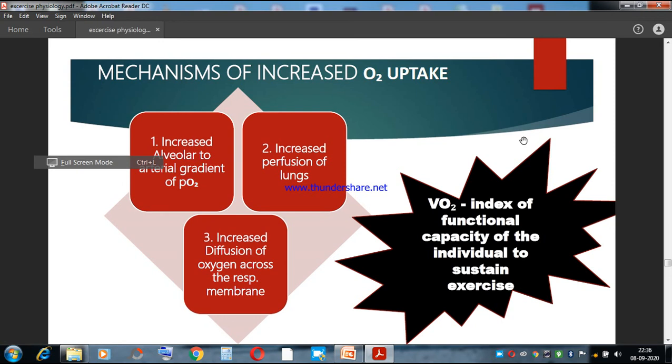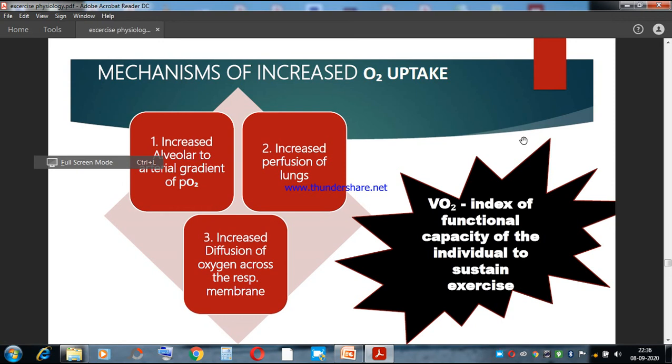There has to be increased perfusion of the lungs, as I said. More and more the dormant part which was unperfused now becomes perfused. There will be opening of more and more alveoli, and hence more diffusion or uptake of oxygen. The third reason, increased diffusion of oxygen across the respiratory membrane, the same thing.